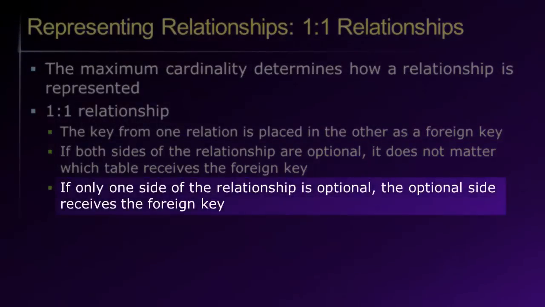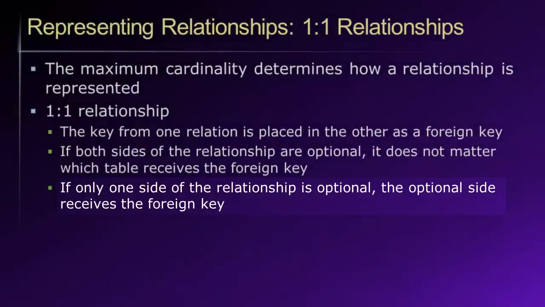If, however, only one side of the relationship is optional, that is to say, if one side of the relationship has a minimum cardinality of 0, while the other side of the relationship has a minimum cardinality of 1, then the best strategy is usually to put the foreign key in the table that resides on the optional side of the relationship.